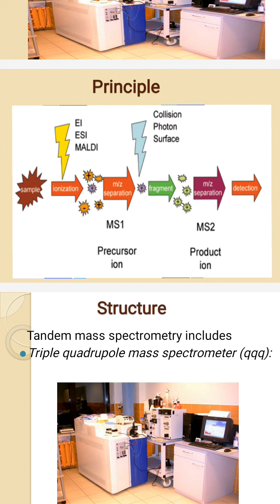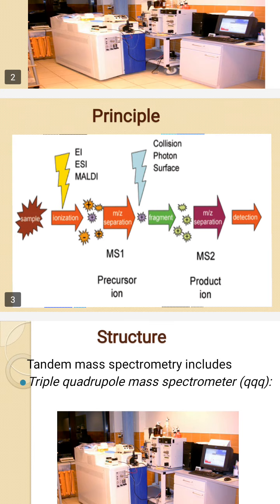The fragments are then introduced into the second mass spectrometer, MS2, which in turn separates the fragments by their m/z ratio and detects them. The fragmentation step makes it possible to identify and separate ions that have very similar m/z ratios in a regular mass spectrometer.